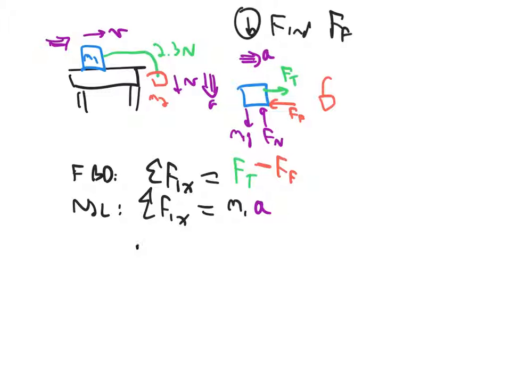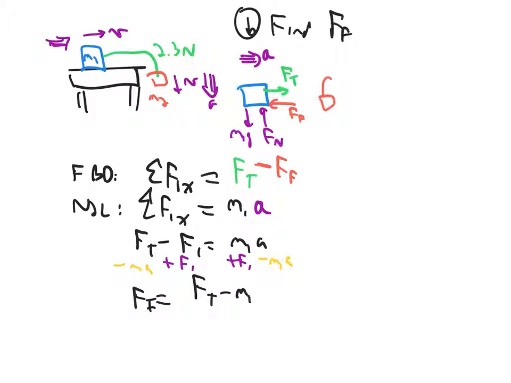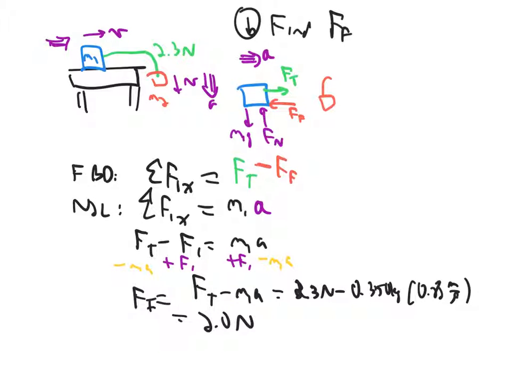The same kind of game tells us that Ft minus Ff equals M1A, and we add Ff to both sides and subtract M1A from both sides, and we end up with Ff equals Ft minus M1A, or 2.3 newtons minus 0.35 kilograms times 0.82 meters per second squared, which is 2.0 newtons.